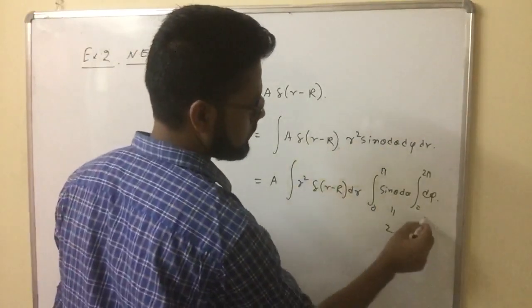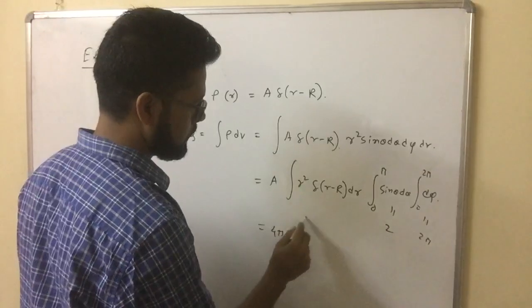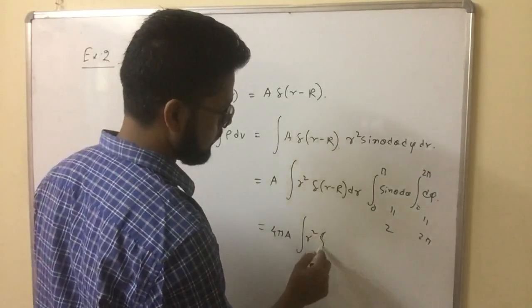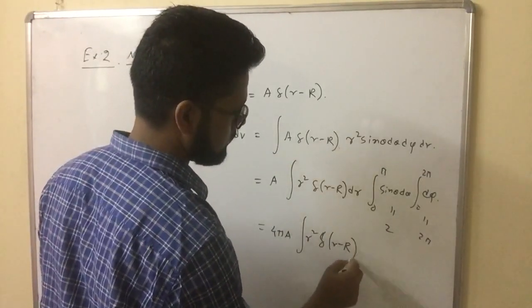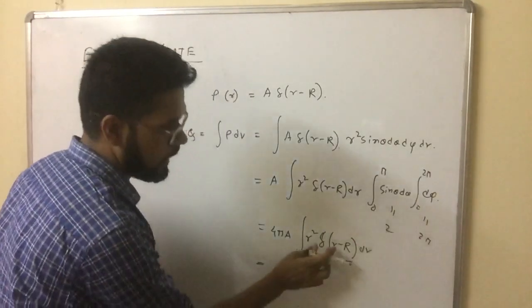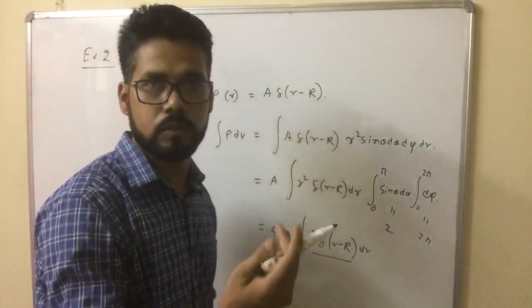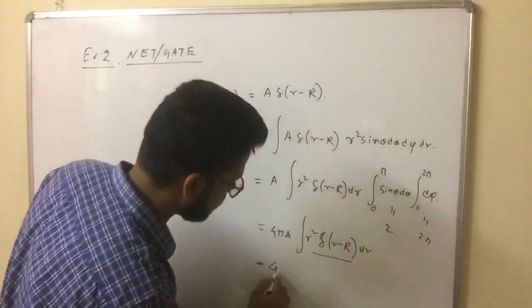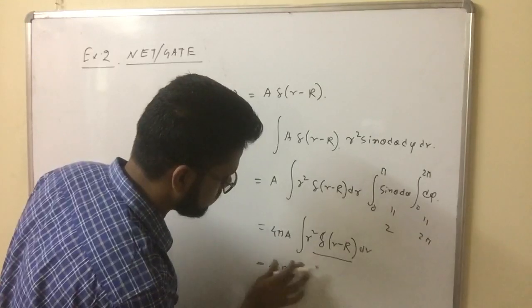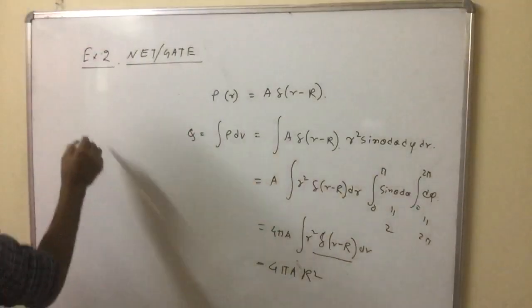The angular integrals give 2 and 2 pi, so it is 4 pi A times the integral of r squared delta(r minus R) dr. The delta function is nonzero when small r equals capital R, so this gives 4 pi A R squared.